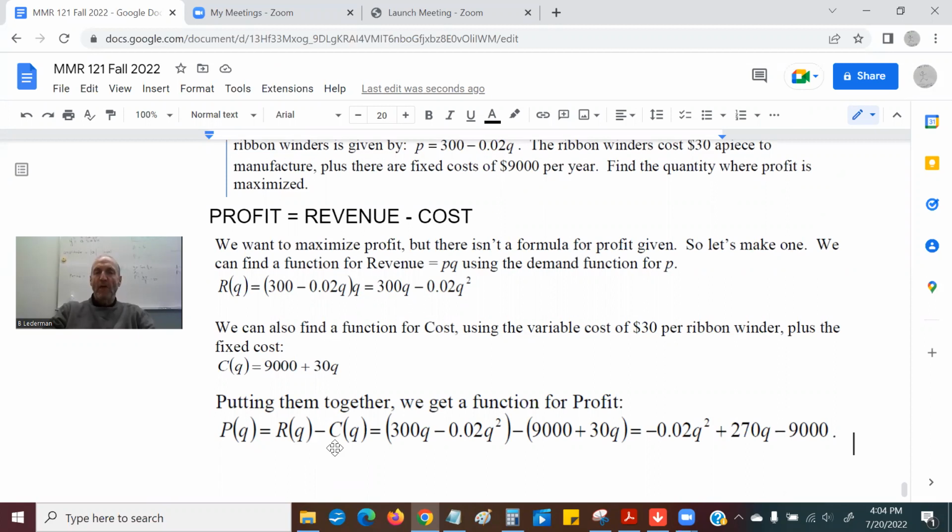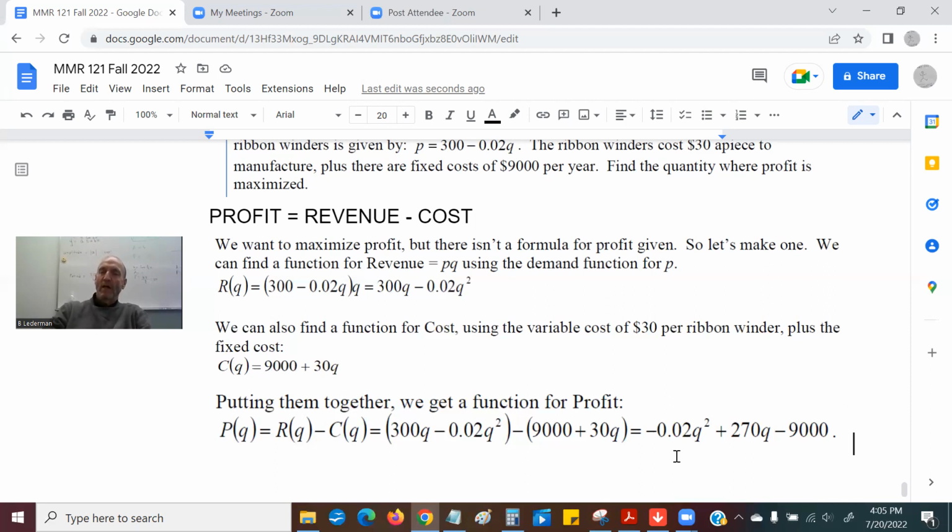So revenue we already have is 300 Q minus 0.02 Q squared, minus the cost, which is 9,000 plus 30 Q. And if you combine like terms, you get negative 0.02 Q squared plus 270 Q minus 9,000.